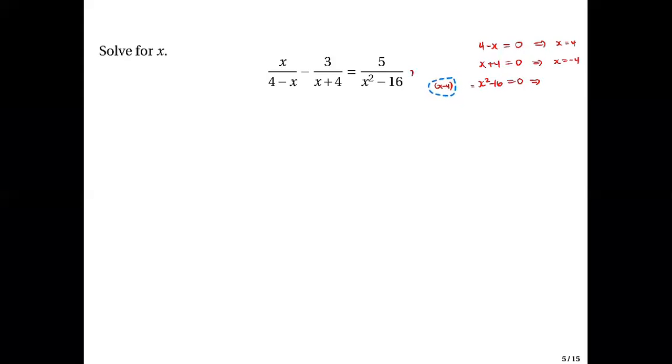Okay? x minus 4, x plus 4. So this means that you'll have x equals 4 or x equals negative 4. So we don't want these cases, which means that x should not be equal to 4 and negative 4.